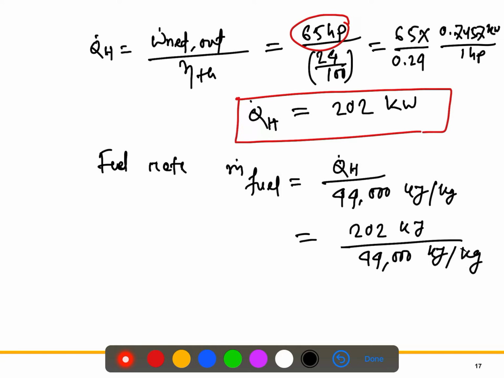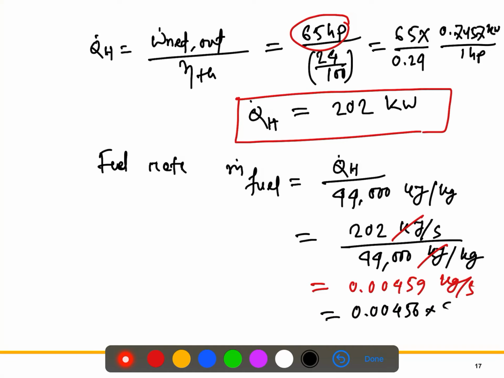I can write it down: kilojoule over kilojoule per kg. We can eliminate these two terms, kilojoule, and if we do simplification, then it will be 0.00459 kg per second.